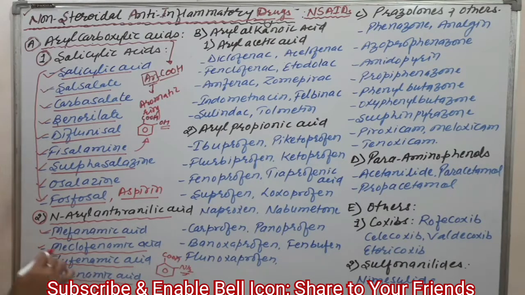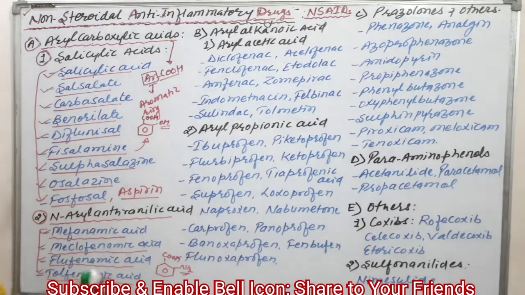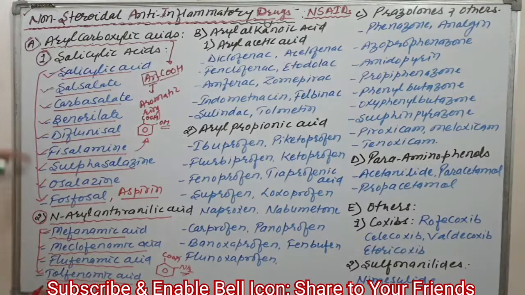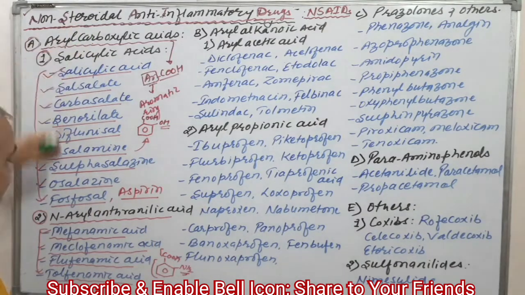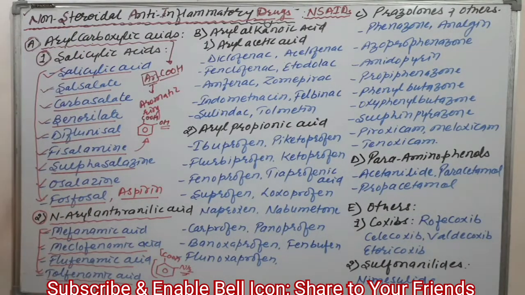These four drugs come under N-aryl anthranilic acid, and both these categories come under aryl carboxylic acid, where aryl and carboxylic groups are present. This is the general classification of these drugs.